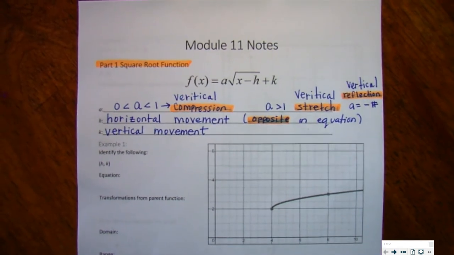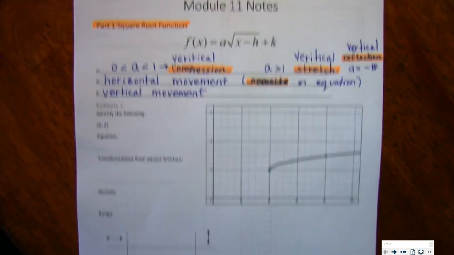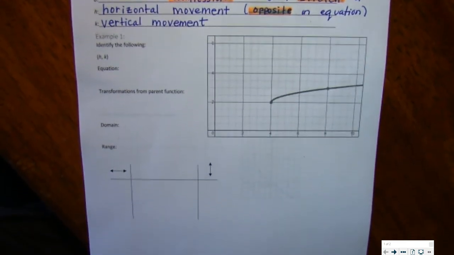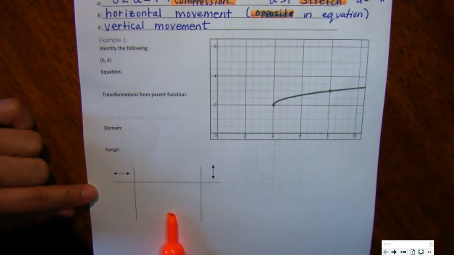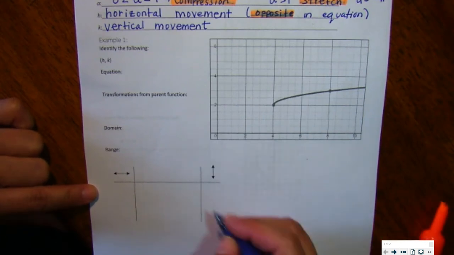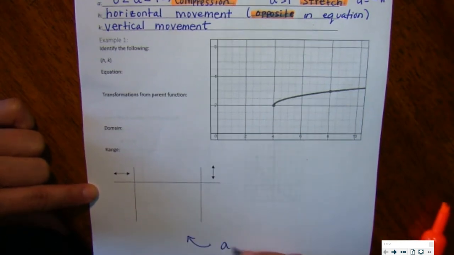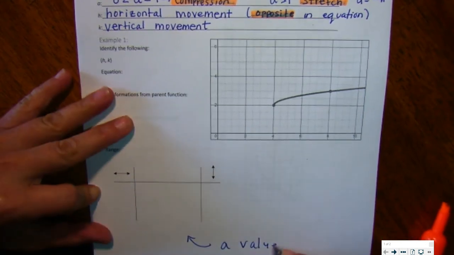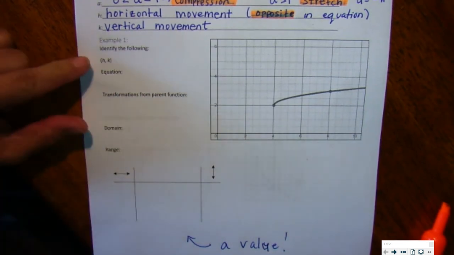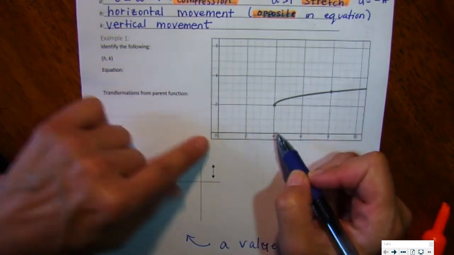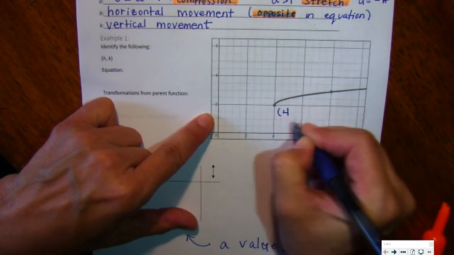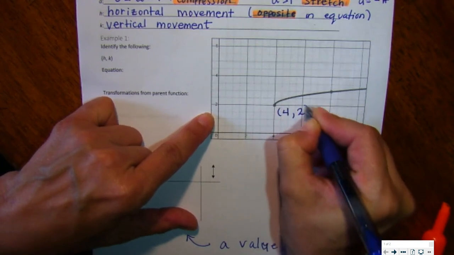For example 1, if you notice, we have to identify this equation right here based on the graph. And you must have a movement chart because the movement chart will tell you the A value. So let us begin. We're first going to identify the vertex, and the vertex is right here at a 4 and a positive 2.